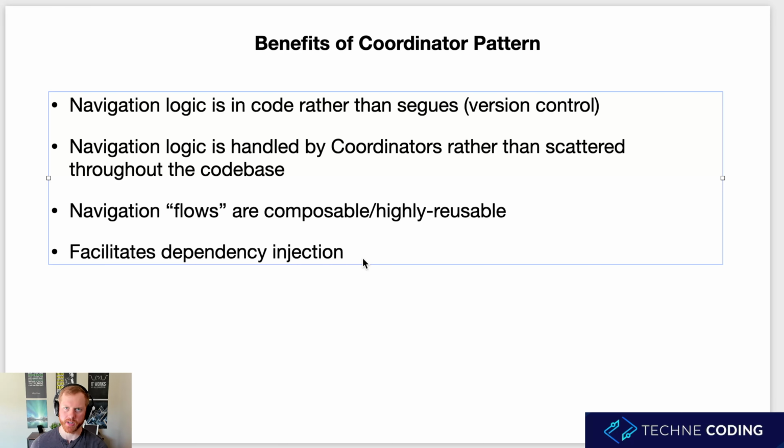This saves drastic amounts of time and energy when it comes to complex navigation coordination. I can't stress that enough. When you are out in the field creating complex navigation flows, this pattern is going to save you a ton of time, stress, and probably even your hairline.